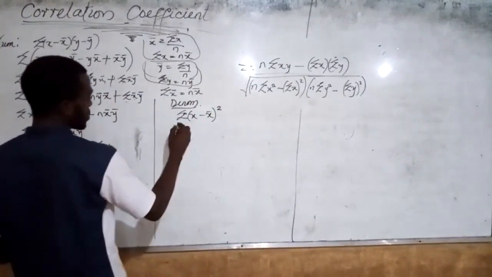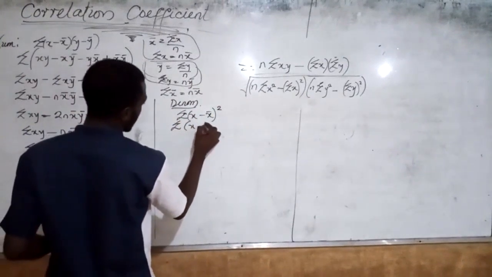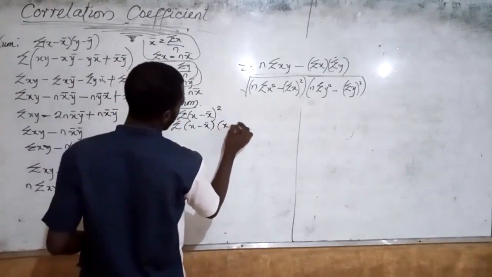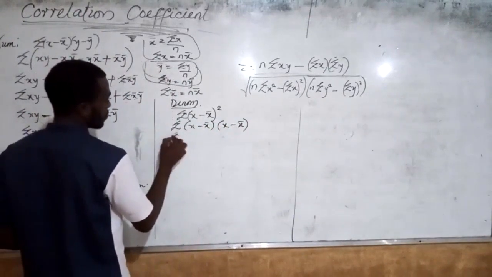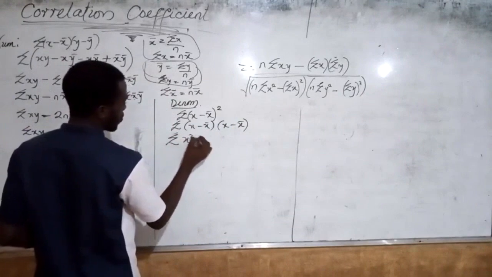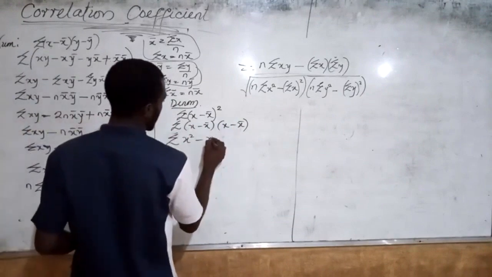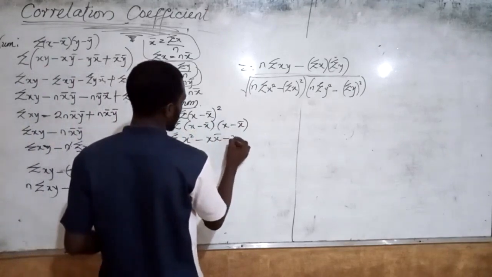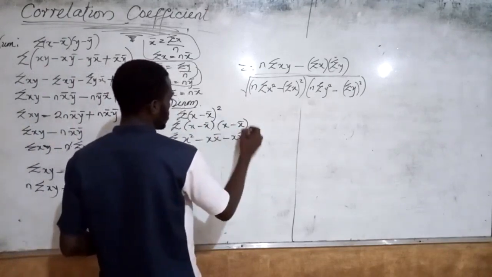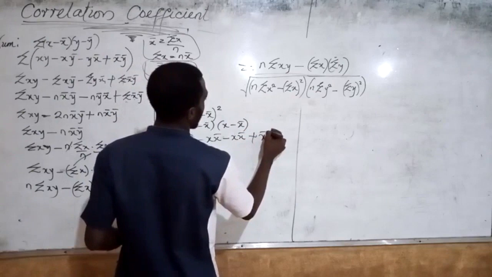So that I express this in full, I have summation of x minus x bar and summation of x minus x bar. So that I have summation of x times x, which is x squared, minus x times this x bar, minus this, that will be minus x bar, minus this, that will be plus x bar all squared.